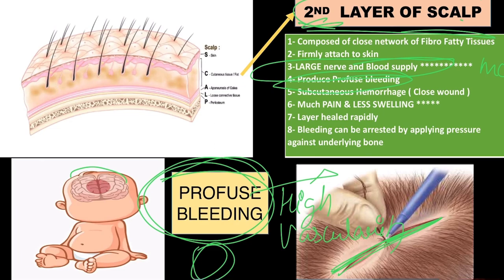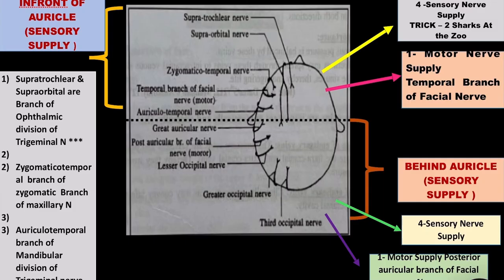The clinical significance is profuse bleeding, and it forms the wound, which is also known as subcutaneous hemorrhage, and in this layer there is much less swelling as well as pain, whereas in the fourth layer there is more swelling and less pain. So this point is also important. This layer heals very rapidly. Why? Because it is in close contact with the skin, and bleeding can be arrested by applying pressure, and therefore we can easily go with the stitching also. So that is the thing we need to remember.